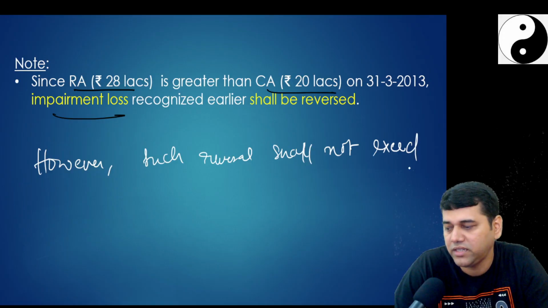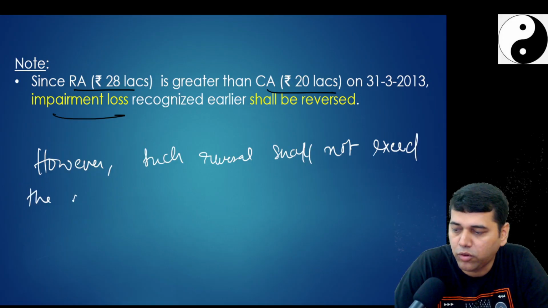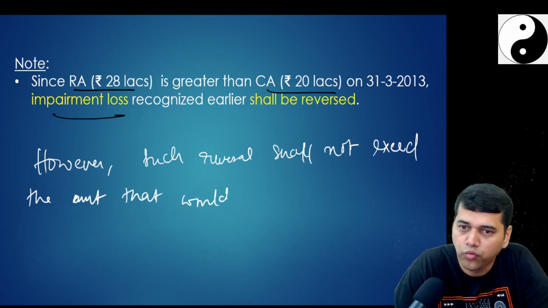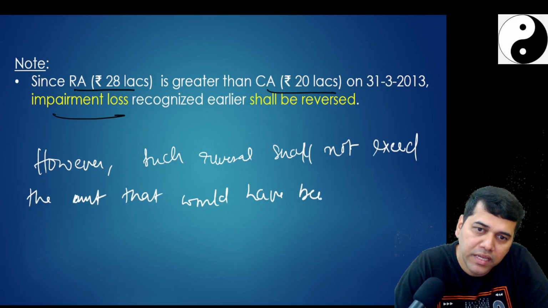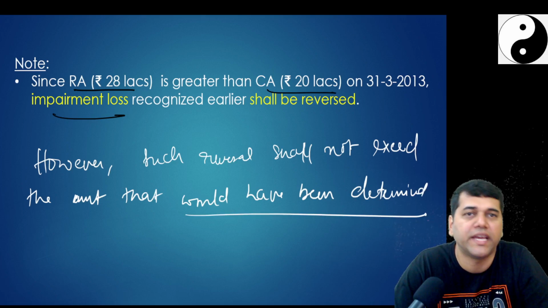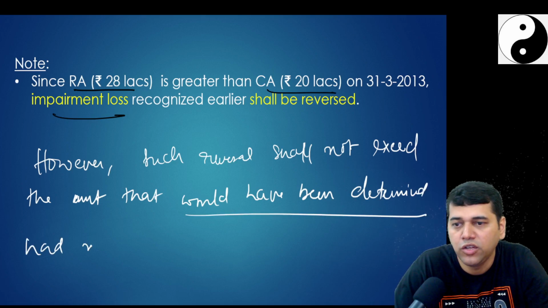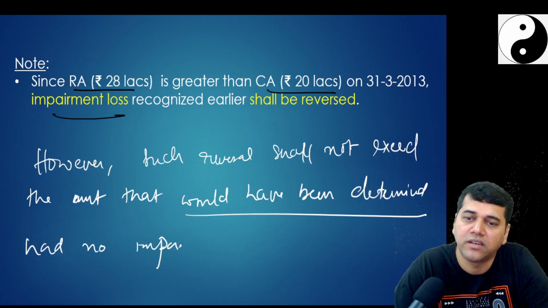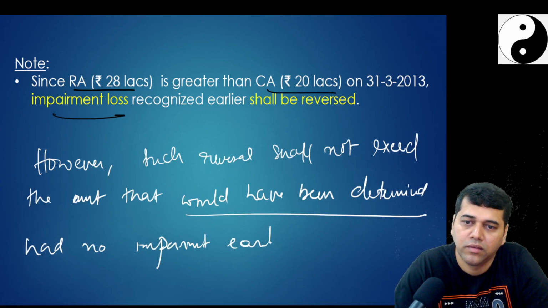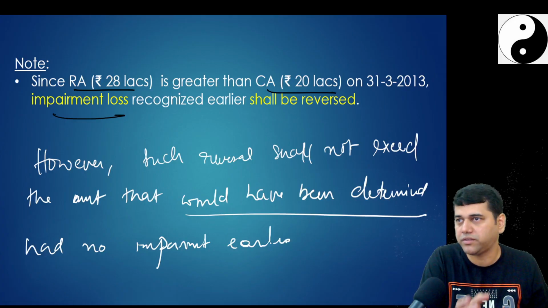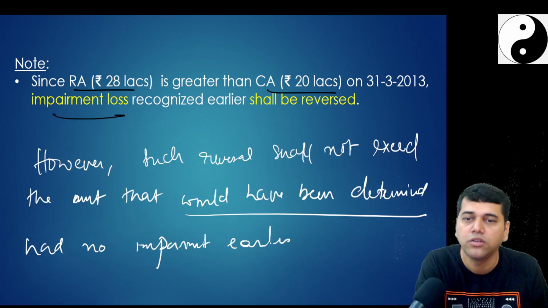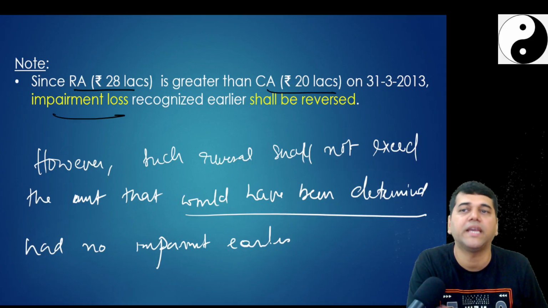Shall not exceed the amount that would have been determined. This is what I call would-be carrying amount, had no impairment occurred earlier. Whatever you want to do, reverse it, but you restrict it to the would-be carrying amount.